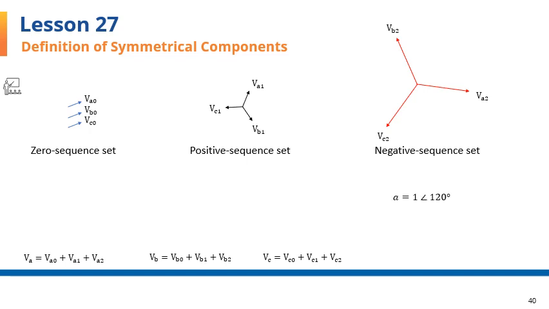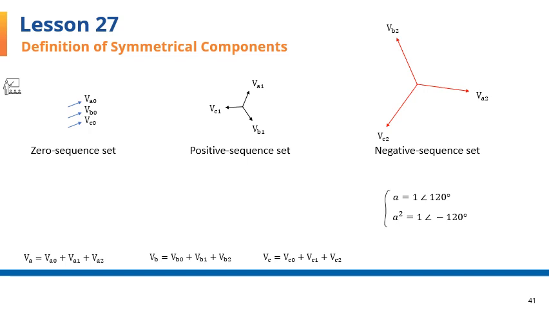Here it is. We're going to need the square of A as well, so let me just form that here. A squared equals this number multiplied by itself, so it becomes 1 with 240 degrees. But if I take away 360 from the 240, I'm going to use this form of it, 1 with negative 120 as A squared. And here they are, A and A squared.